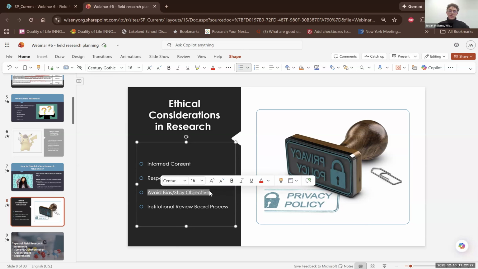And then make sure you think about bias and objectivity, because that's really important for your research, staying objective and making sure that your opinions are not skewing the research data that you're collecting. Because your perspective will change how you behave, even if you're not consciously aware of it.